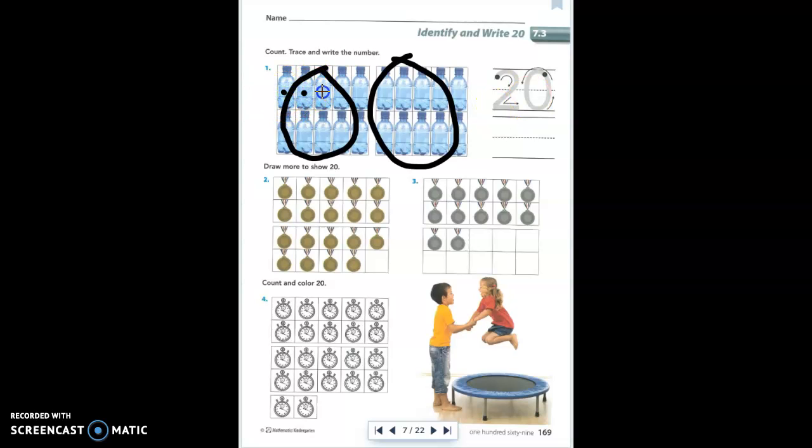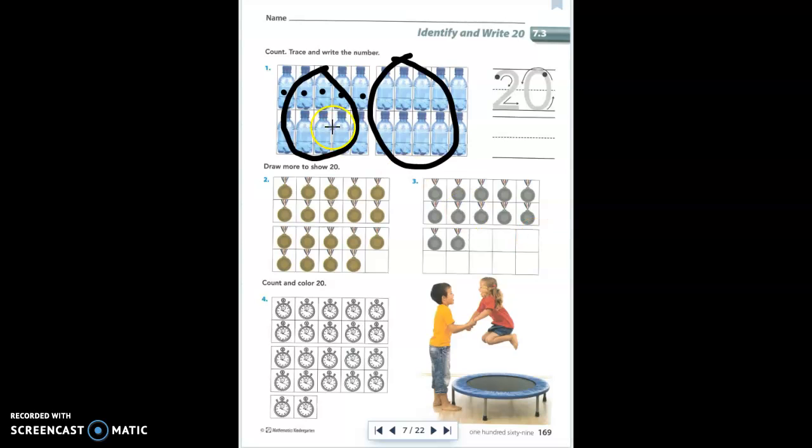My little dots aren't working. Let's try this again. 1, 2, 3, 4, 5, 6, 7, 8, 9, 10, 11, 12, 13, 14, 15, 16, 17, 18, 19, 20.